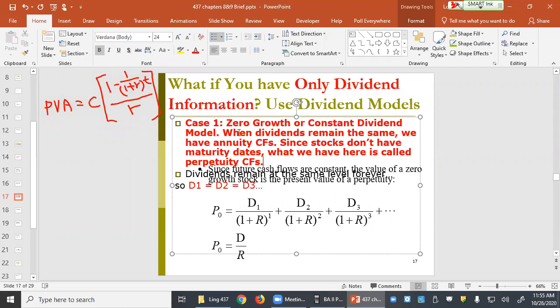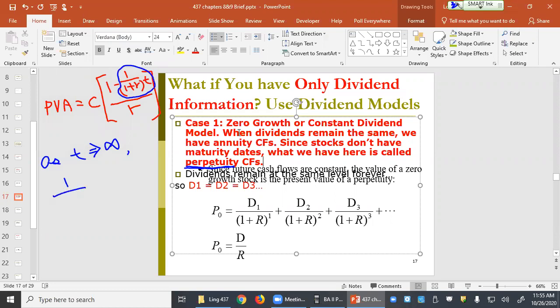But when the annuity becomes perpetuity, this equation actually gets simplified, right? So as t approaches infinity, because we have cash flows that last forever, what happens to this term in the blue circle?